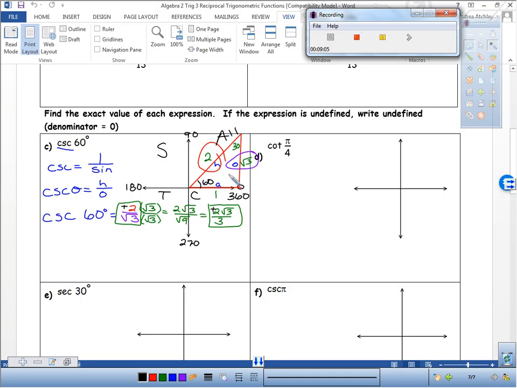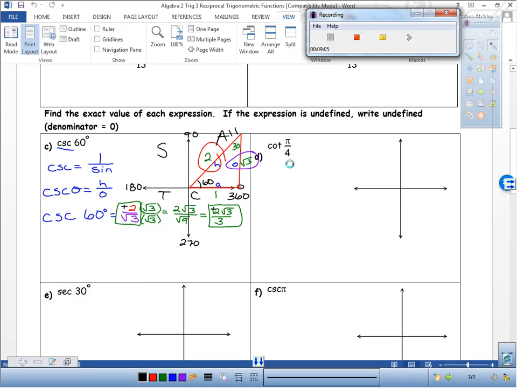In this quadrant, everything is positive. All of them are positive, because x is positive here, right? X represents the cosine. And y is positive here, and y is sine. So everything's positive in that quadrant. Any questions? And I would like to see you write in the plus so I know that you've actually checked to make sure you know what the sign is.